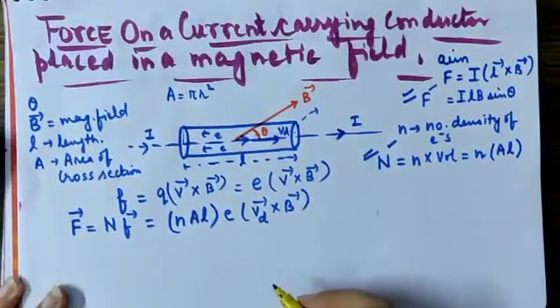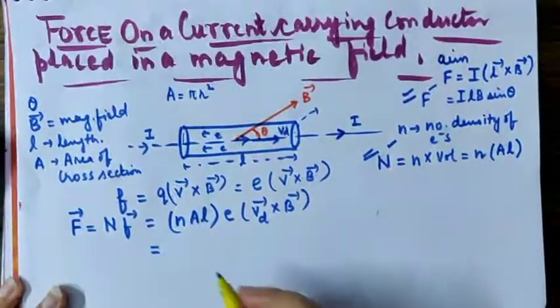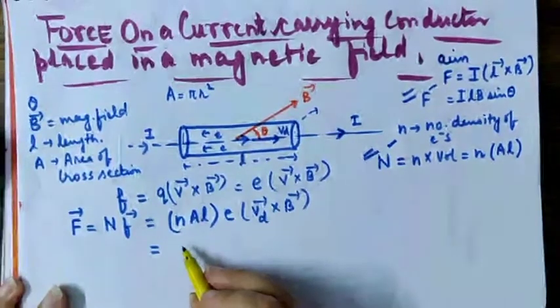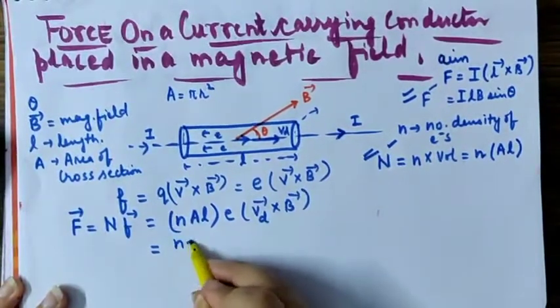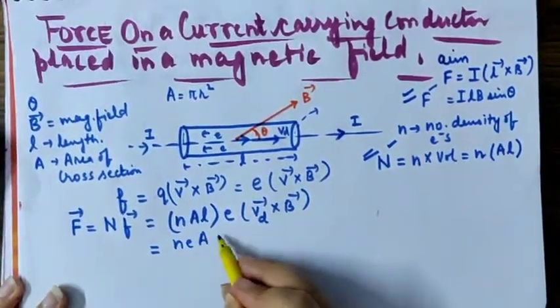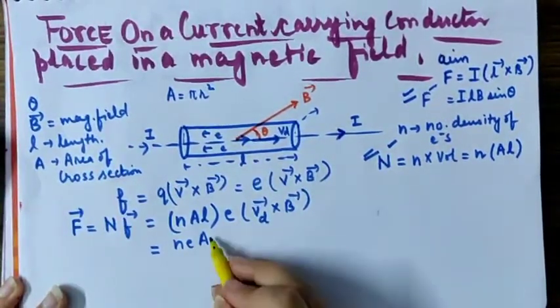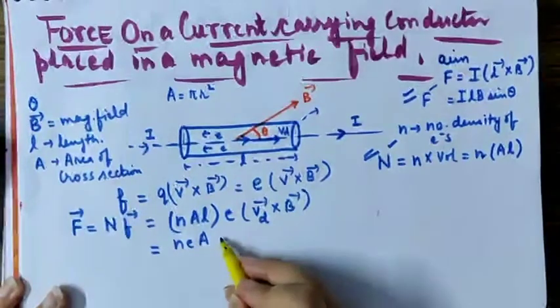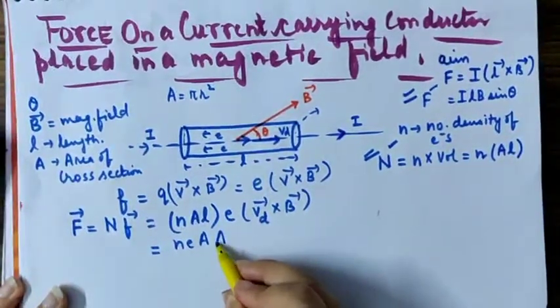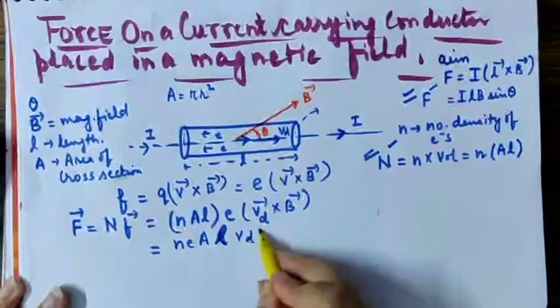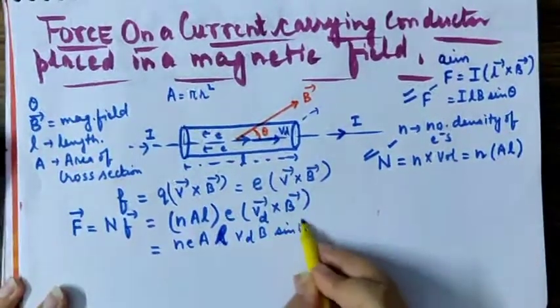V means Vd, drift velocity. So coming to one more point, this is n e A L. We'll open this equation. I'll be writing a sine theta with it. n e A L, right? Vd B, then this is sine theta.